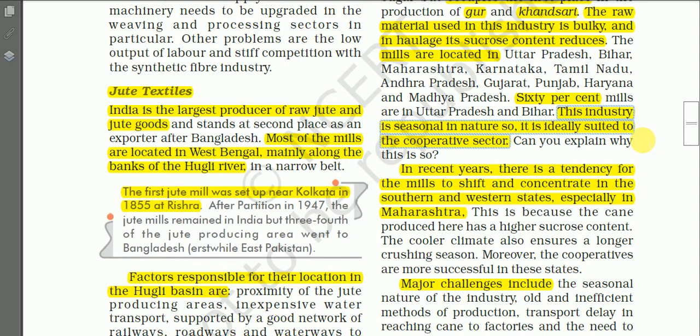But if you run a sugar mill by yourself, when there is no raw material, that is sugarcane, then the factory has to be closed, and you have to pay the workers also. That is why it is said that sugar mills are ideally suited to be in the cooperative sector.